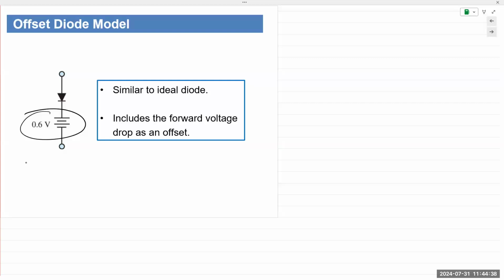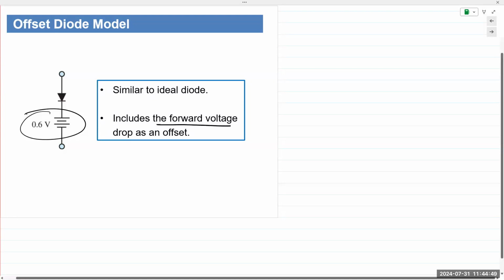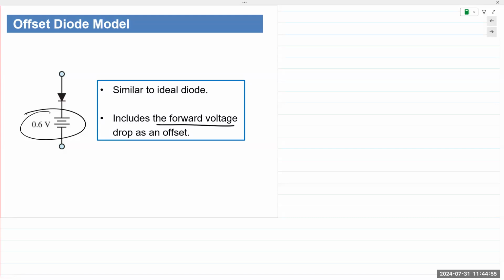Okay. So we need to offset that voltage, and hence the name or the term offset diode model. So it includes the forward voltage as an offset. Because once you turn on the diode, the voltage across the diode will consume 0.6 volts.